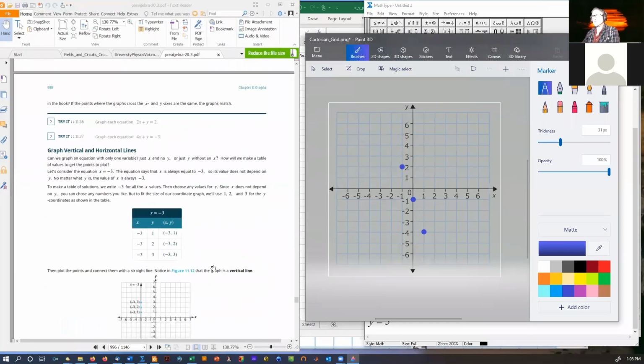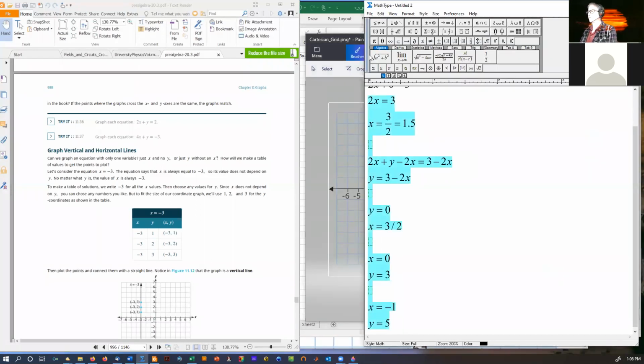So what are the forms for horizontal and vertical lines? If a line is horizontal, what does that mean? It means for any x, y is equal to the same number. So it doesn't matter whether x is equal to 1, x is equal to 4, x is equal to negative 5, y is always equal to 3. So what would be the equation for that line?